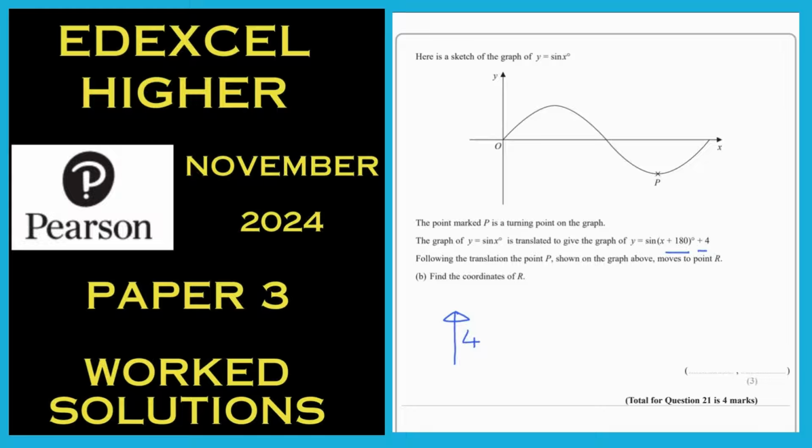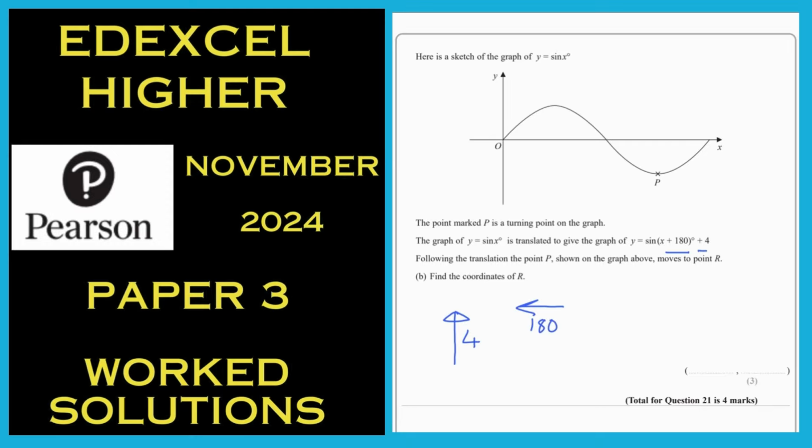Vertically, it's the correct way around. This, though, is horizontal, and horizontal is the opposite way to what you'd expect. So by putting a +180, that would actually be moving it left, or in -180.